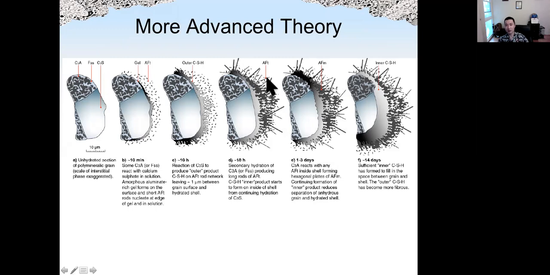In the next lecture, we're going to look at these hydration products in detail. AFm is also a crystal, which is plate-like. So this is a more realistic hydration process in a cement grain.